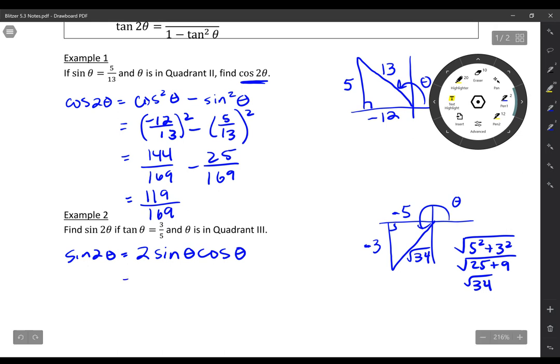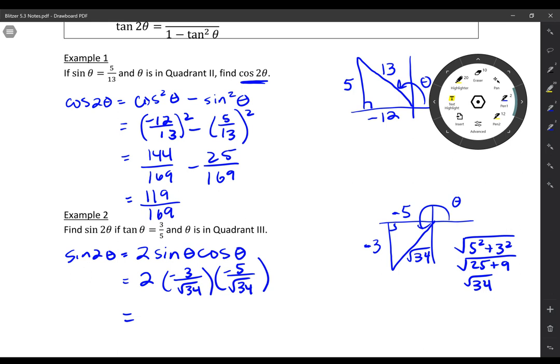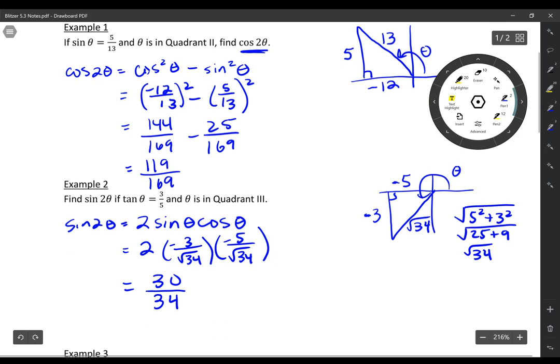So now we're just going to plug everything in again. 2 times my sine, and my sine would be y over r, so negative 3 over square root of 34, times my cosine, negative 5 over square root of 34. And this is kind of nice because we multiply those square roots together. In our denominator now, square root of 34 times square root of 34 is just a 34. In the numerator, 2 times 3 times 5 is going to be 30. It'll be positive, and then we do need to simplify our fraction. So 15/17.